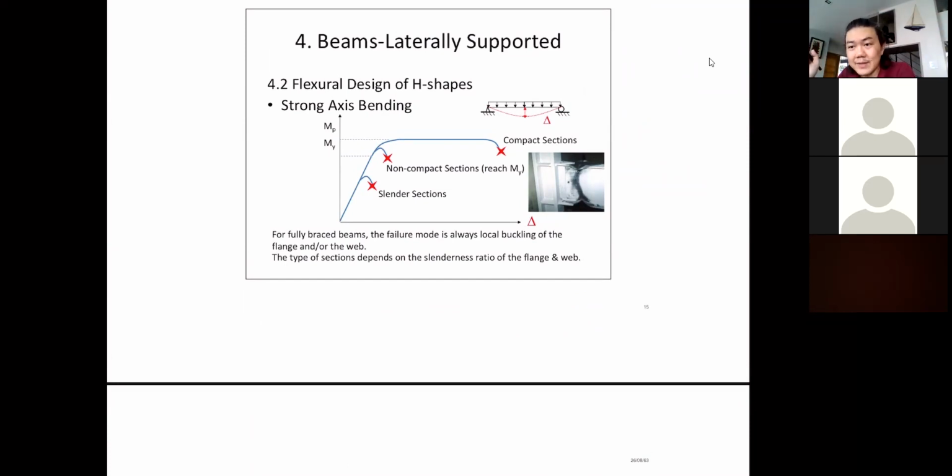Okay, it's safe that, but again, we need to consider the fact that because it has flanges and web, chances are if the flange becomes slender or the web becomes slender, they can buckle before your beam reaches MP.